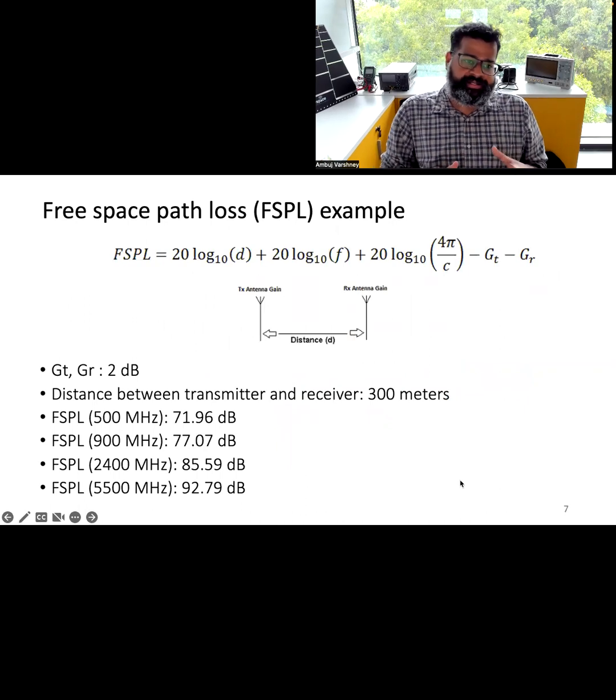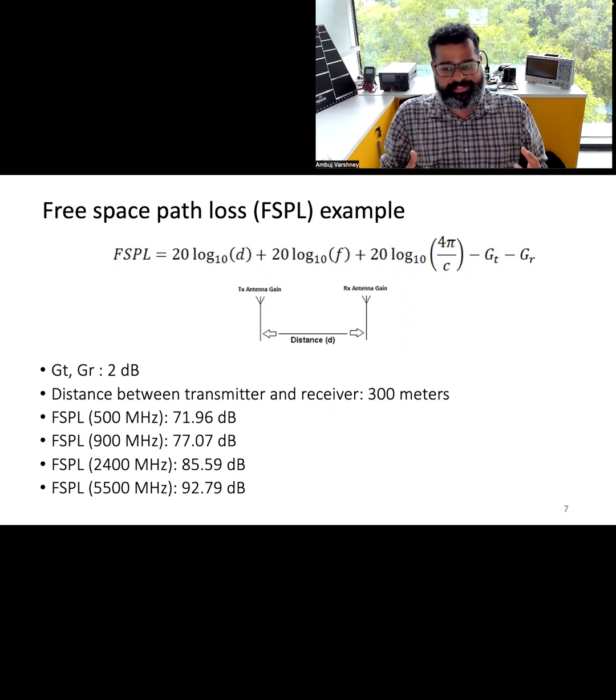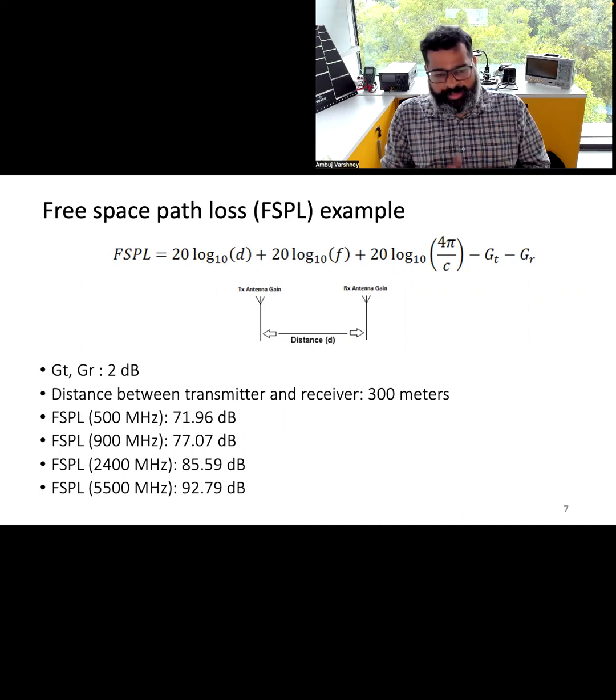Let's consider an example to look into the free space path loss equation. Let's assume that the transmitter and receiver antenna gain is 2 dB, a very commonly used value for some of the dipole antennas used in wireless devices. Now let's fix the distance between the transmitter and the receiver to be 300 meters.